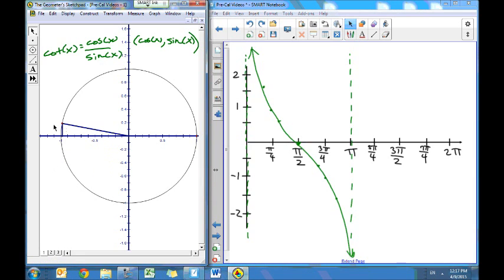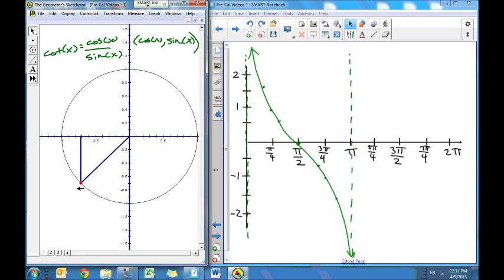Okay? And as we follow this around into the third quadrant, now the sine and the cosine will both be negative. So as you divide sine over cosine, you will again get positive numbers. And at 3 pi over 2, you'll again get 0.